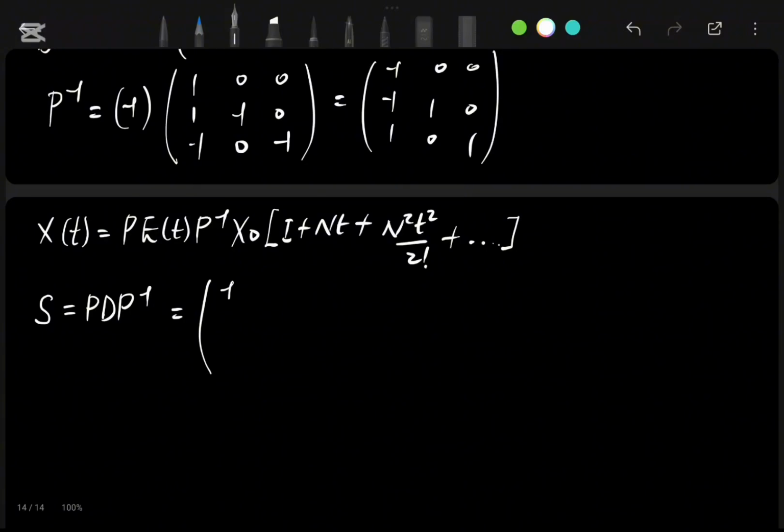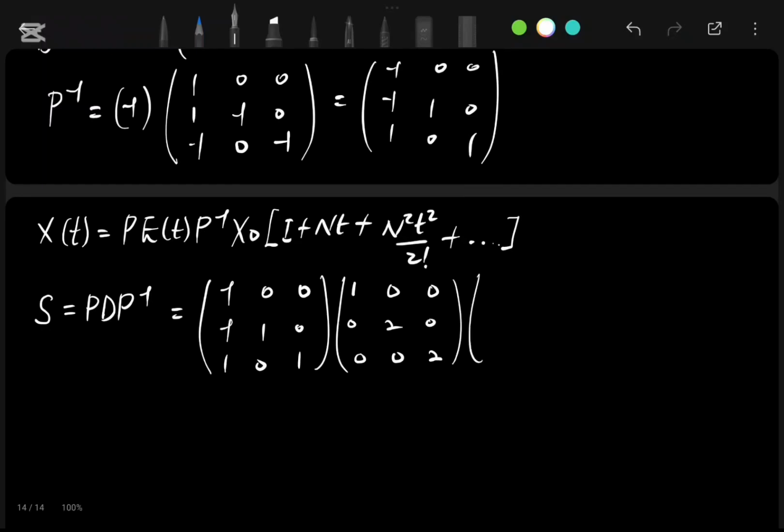P is given by minus 1, 1, 0, 1, 0, 0, 0, 1. Our D is given by 1, 0, 0, 0, 2, 0, 0, 0, 2. And our P inverse is also given by minus 1, 1, 0, 1, 0, 0, 0, 1.